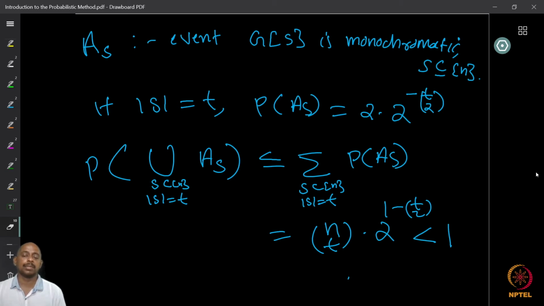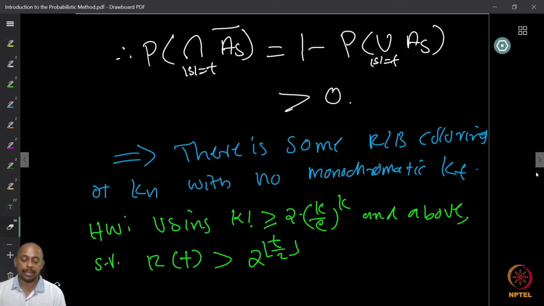But by our assumption in the problem, this number is strictly less than 1, which means that the probability that at least one of them is monochromatic is strictly less than 1, which means that the probability that none of them is monochromatic is strictly greater than 0.